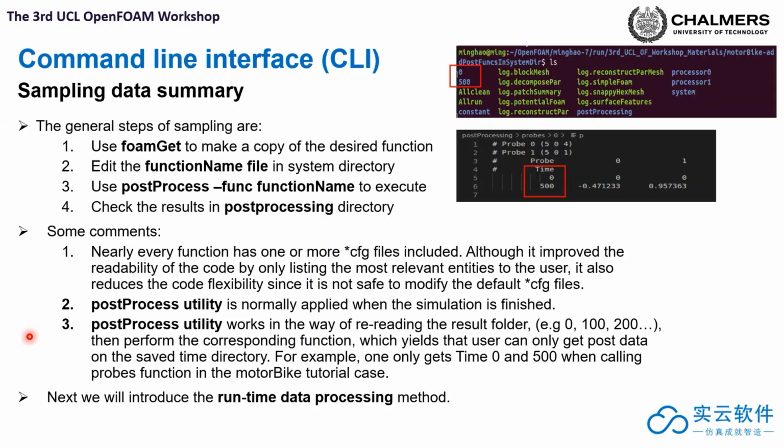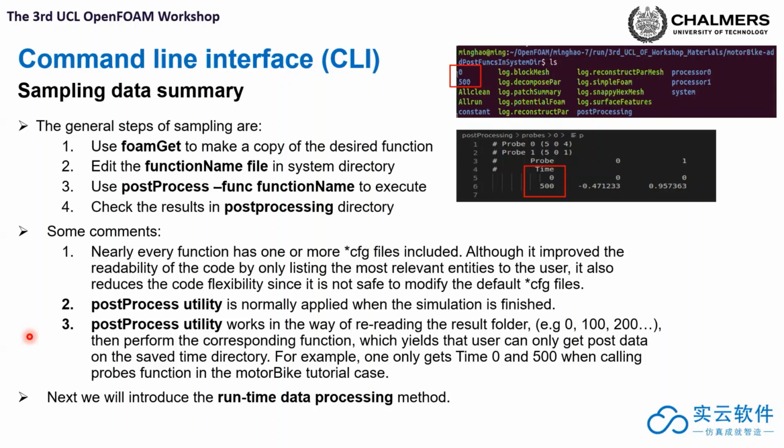And then the postProcess utility is normally used when the simulation is finished. It's not a runtime or real-time post-processing procedure. The last comment is that this postProcess utility works by rereading the results folder.